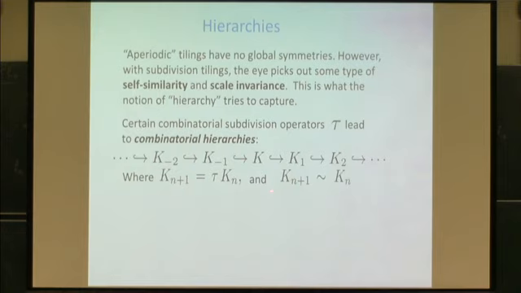This hierarchy is not deterministic. If you start with a complex K and you have this subdivision rule, then it's deterministic, determining K1, then apply the subdivision rule, get K2, etc. It's going the other way that is the issue. And so the argument is basically this.